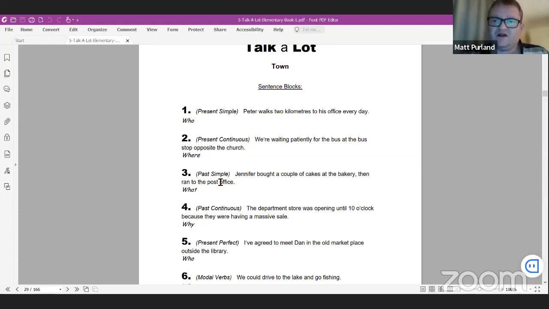But they still need to learn does in present simple at beginner level, right? Does Peter walk every day? Yes, he does. You could also make it harder with harder sentences. Sentence blocks is one of the activities. It's wonderful. There's a lot of information on my website about how to do it.